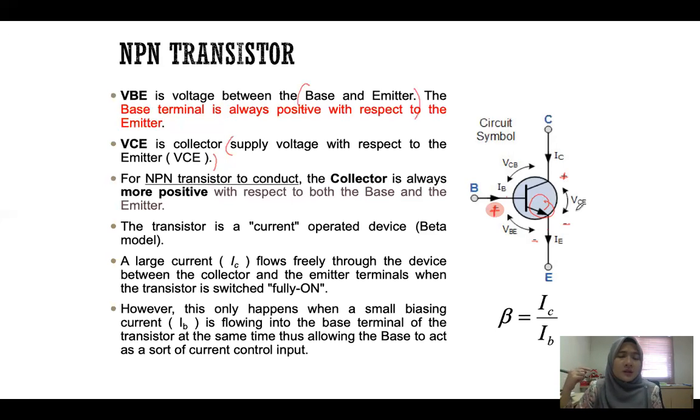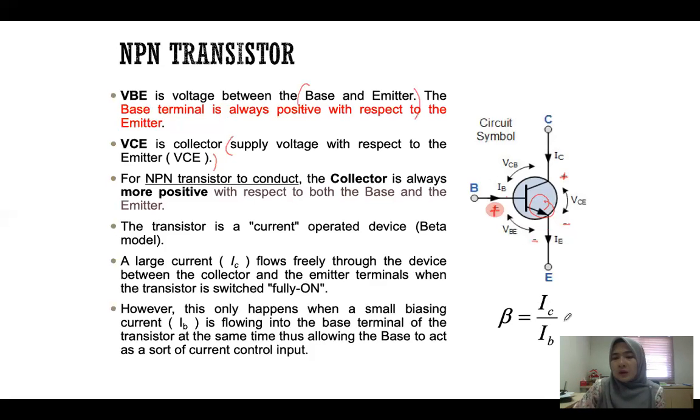A large current IC flows freely through the device between the collector and the emitter terminals when the transistor is switched fully on. However, this only happens when a small biasing current is flowing into the base terminal of the transistor at the same time, thus allowing the base to act as a sort of current control input.